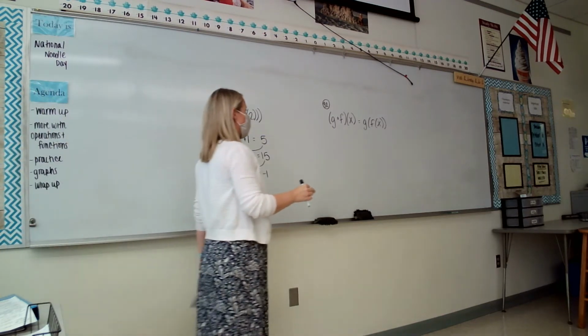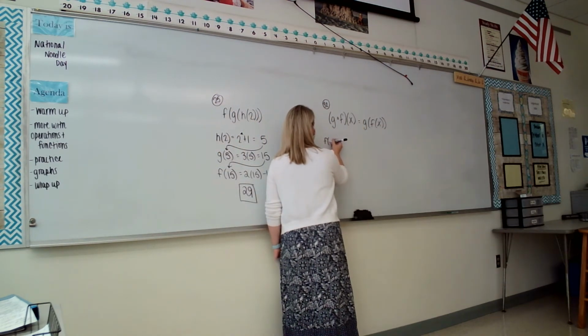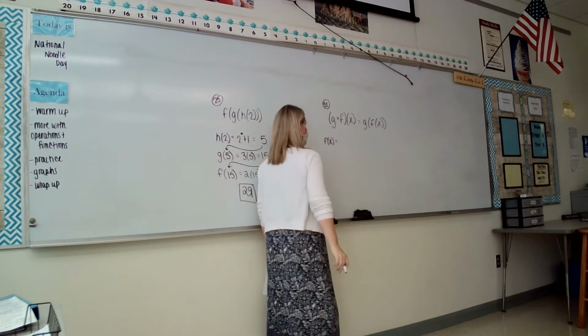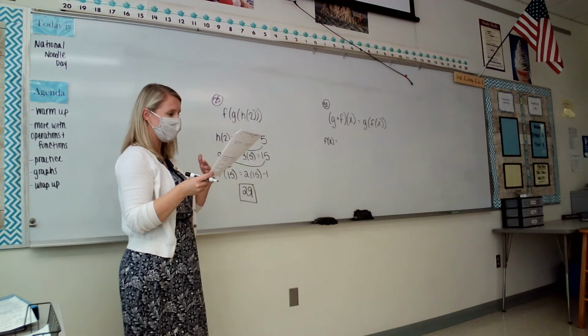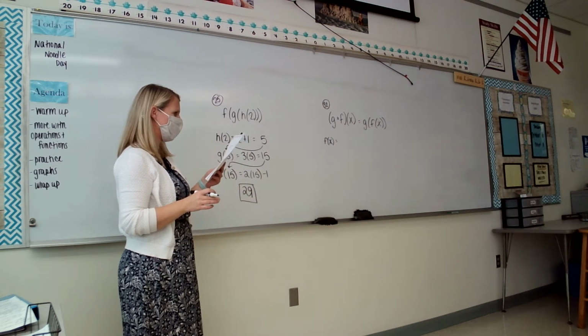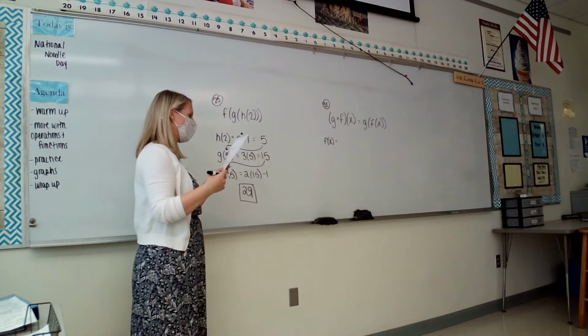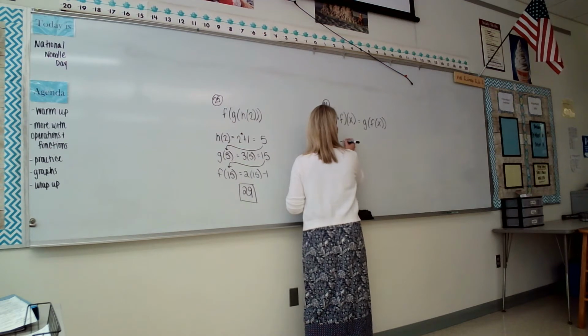So let's start with the inside. It just says f of x. So I'm just gonna write f of x equals, and all I can really do is look it up. For that section, just be careful because we're bouncing around. For that one, f of x is gonna be negative 3x plus 7.